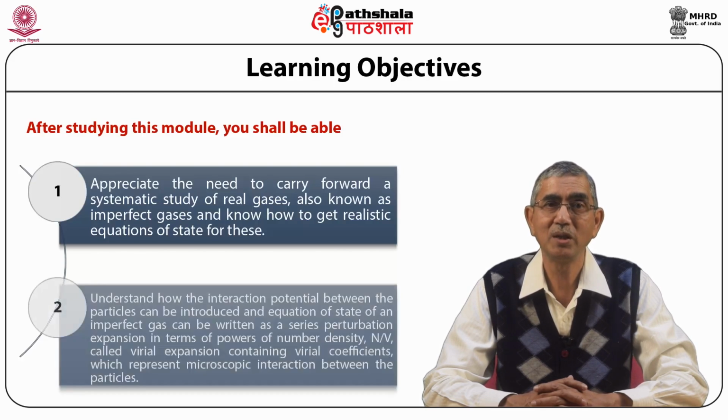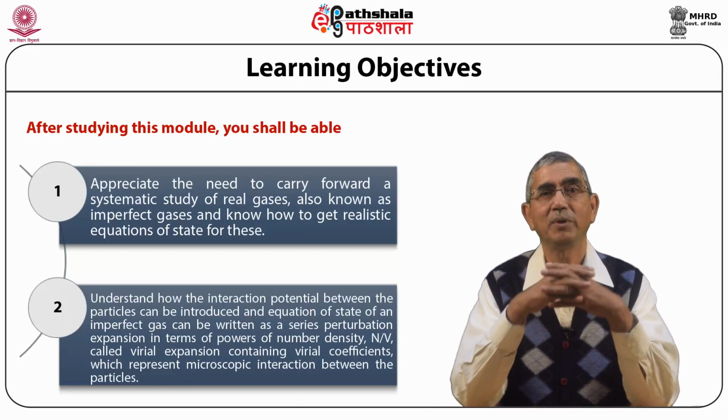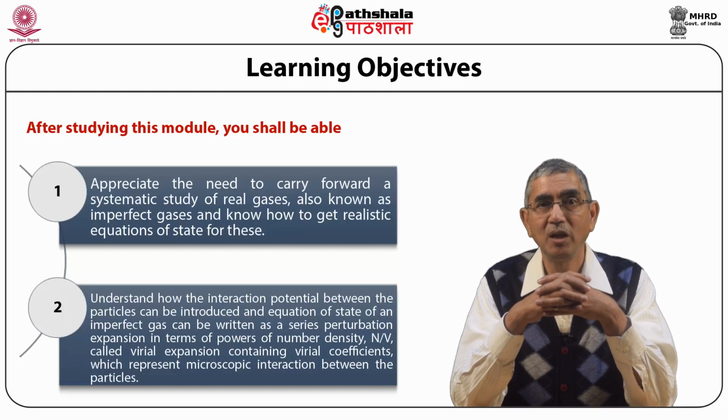You will be able to understand how the interaction potential between the particles can be introduced, and the equation of state of an imperfect gas can be written as a series perturbation expansion in terms of powers of number density n upon v, called virial expansion, containing virial coefficients which represent microscopic interaction between the particles.